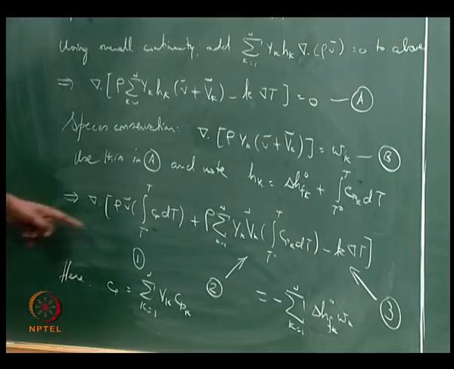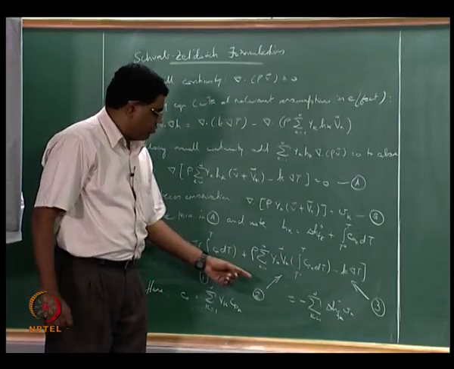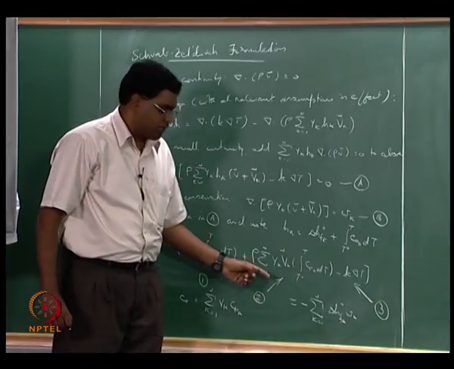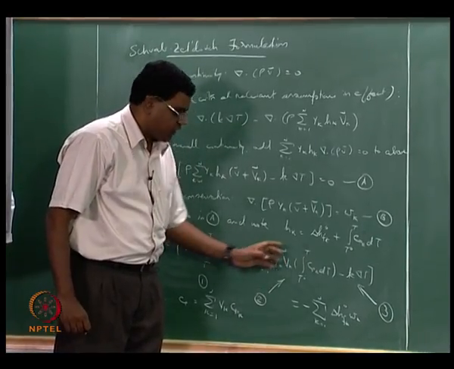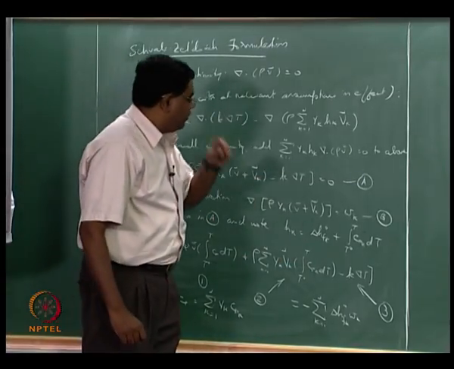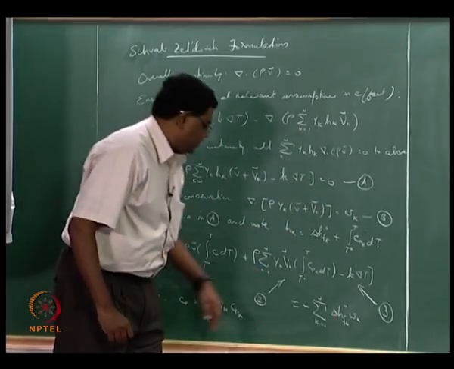That's what is being used over here, but you can't do that here because you have a capital Vk that is weighting it, so you have to have a Yk Vk CPk within this integral. You can't take the Yk alone here and then have the summation, because the Vk is interfering there. And then we had the k gradient T coming from here as it is, and I told you how we got this right hand side.